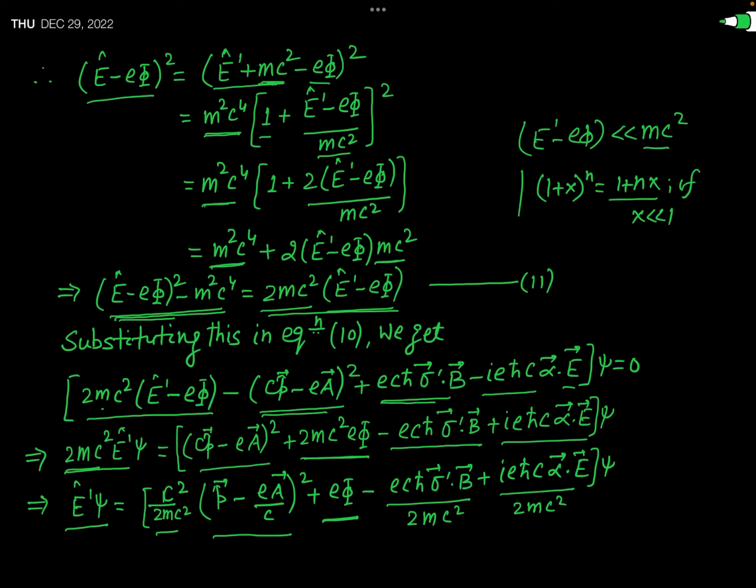Here this c square and c square will cancel out, and here this c and c square will cancel out, and also here this c and c square will cancel out.